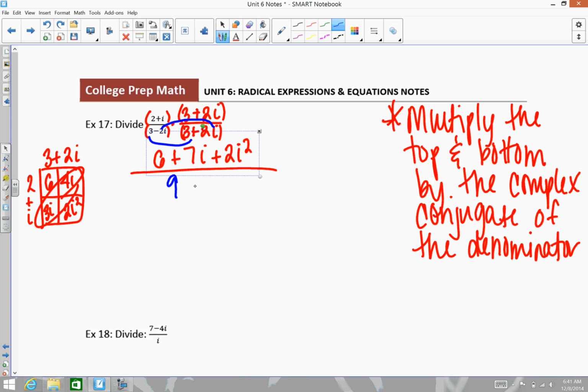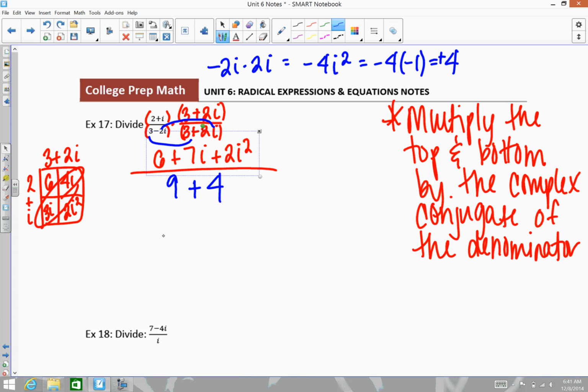But it'll always just become positive because, let me just show you. If I do this, this becomes negative 4i squared. But i squared is negative 1, so it's always going to become positive 2 times 2, which is 4.